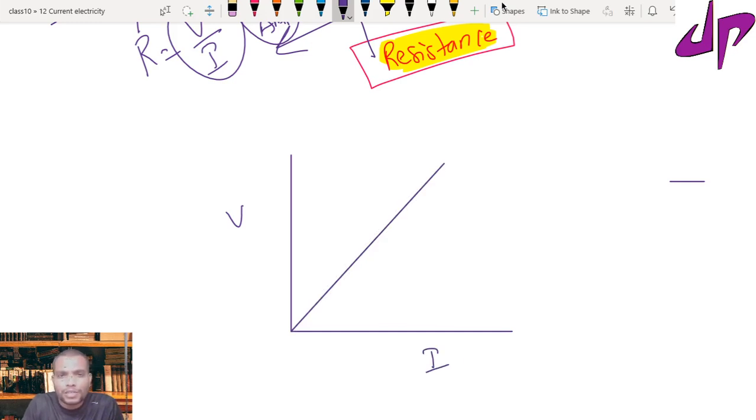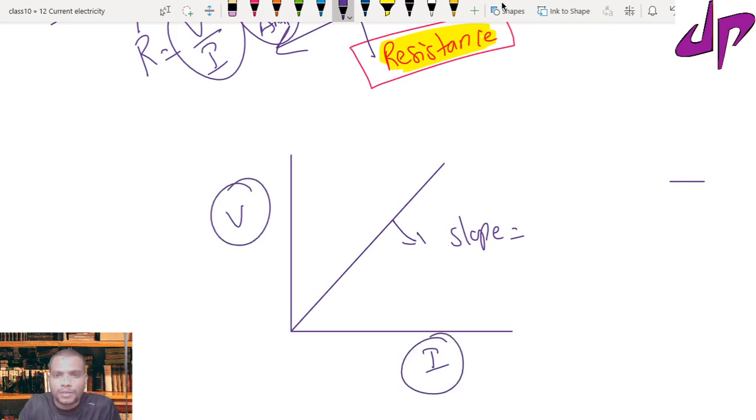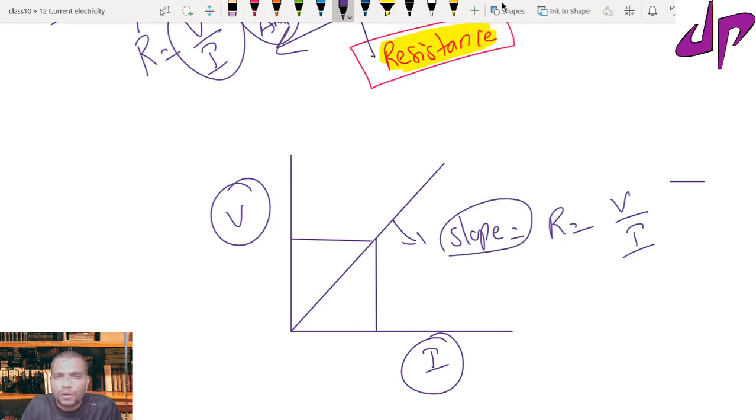If you calculate the slope of this curve, slope is always the y component upon the x component. Suppose you find the corresponding point at the top and the corresponding point at the bottom, the slope of the curve equals R, which equals V upon I. Slope you can find as y intercept upon x intercept, or in terms of tan theta.